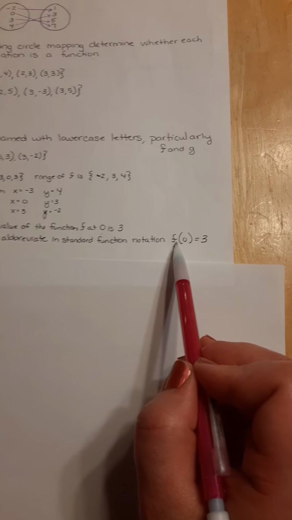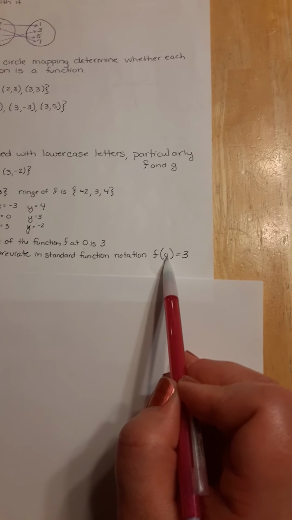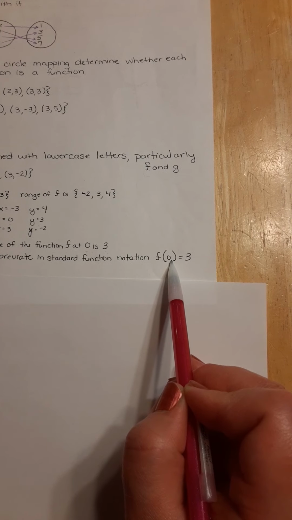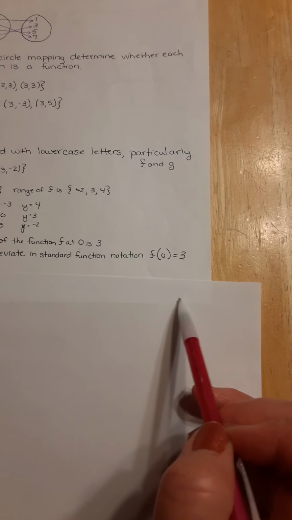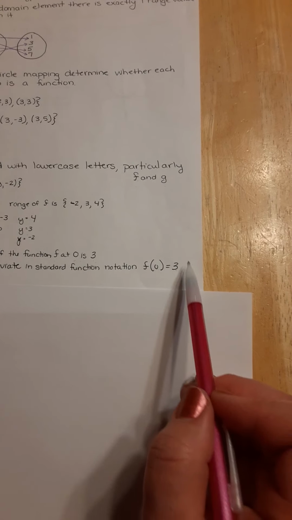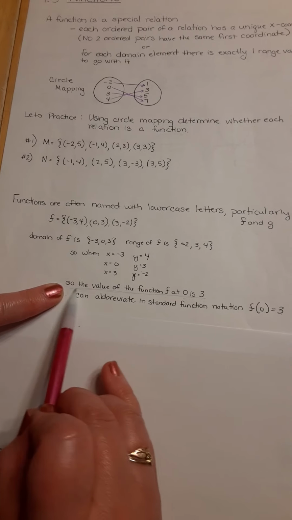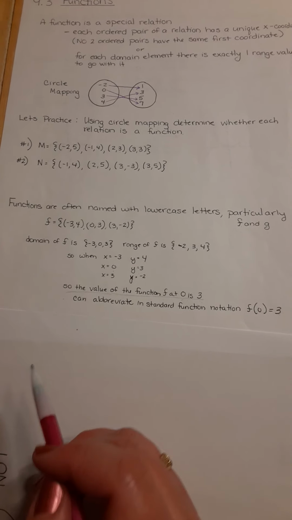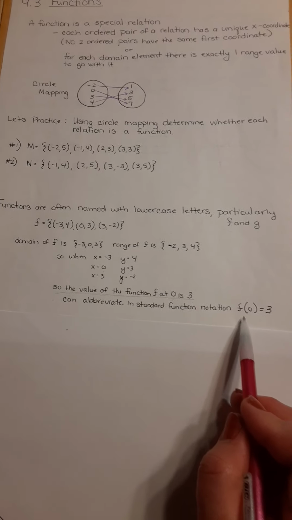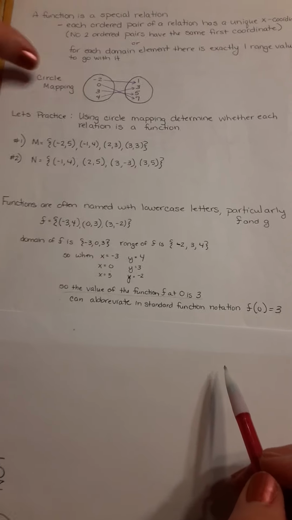This is the value of the function at x. When x is 0, what is my y value? It equals 3. This is a shortened way to write that statement, because in math, we like to take shortcuts. We don't want to use all this wording, so we use our math symbols to help us out.